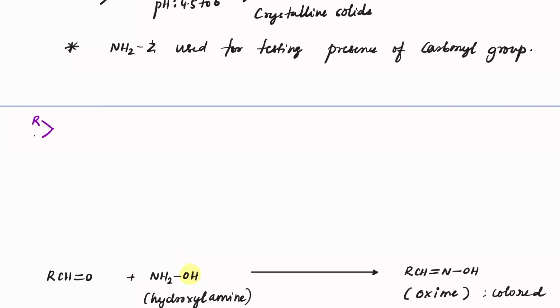So if you have an aldehyde, C=O with H, plus H2N with Z, let me write it this way, H and H with Z here. What you need to do is simply dehydrate this. So remove this part, and it will be in equilibrium to give R, H, double bond N and Z. Because there is a lone pair here, it can show geometrical isomers.